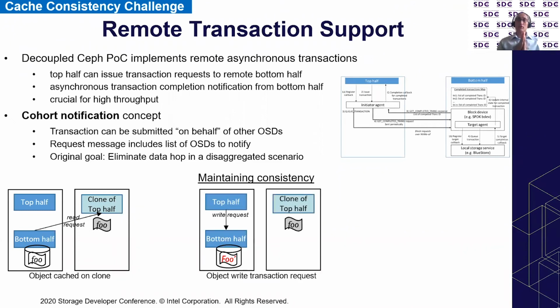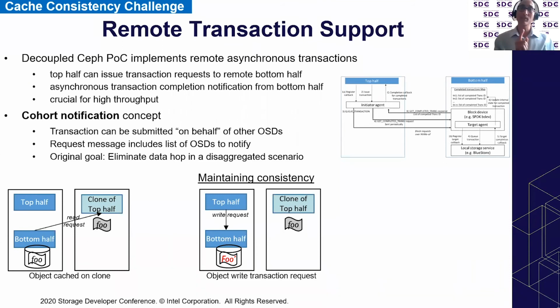The consistency issue that we refer to is this: after the cloned top half has cached some object data, a new write request updates that data. Here we're showing the top half getting a write request. And remember that we are not messing with clones in the write path, right? So writes are always sent to the original top half. The original top half is the one that will issue the write request to the bottom half. Whether it's on the same node or remote is irrelevant for us because our mechanism supports both.